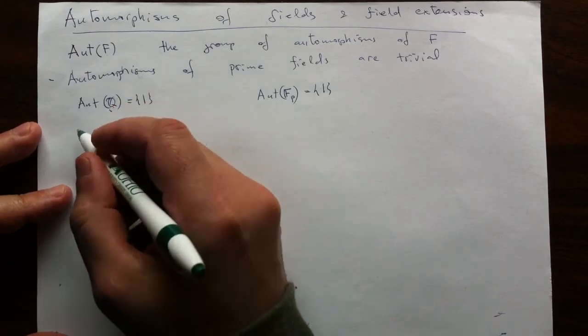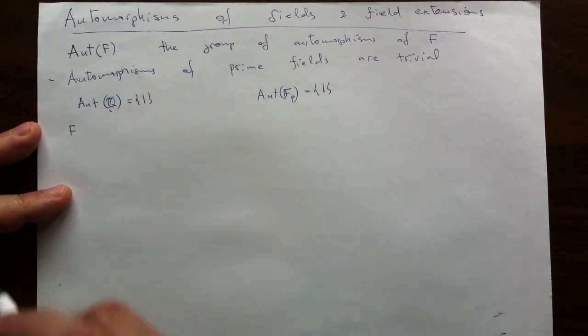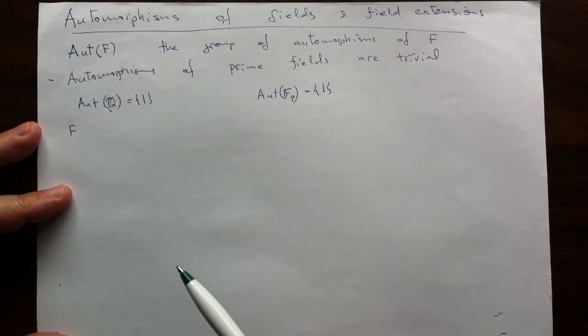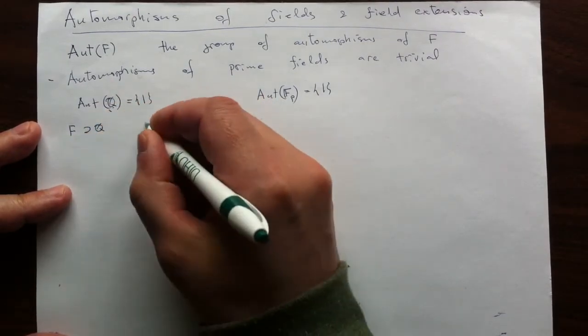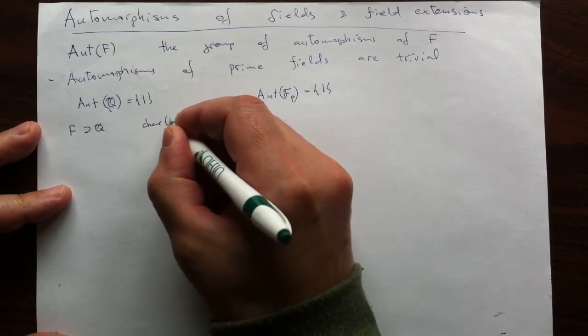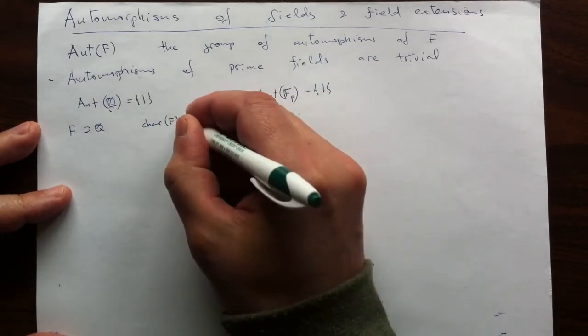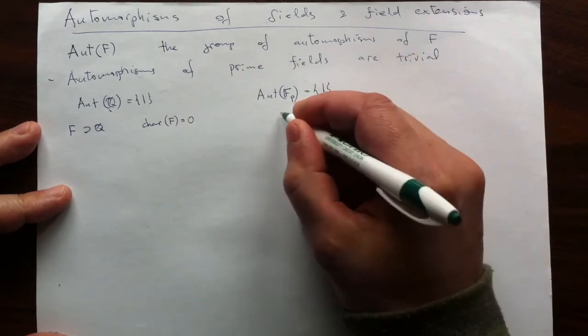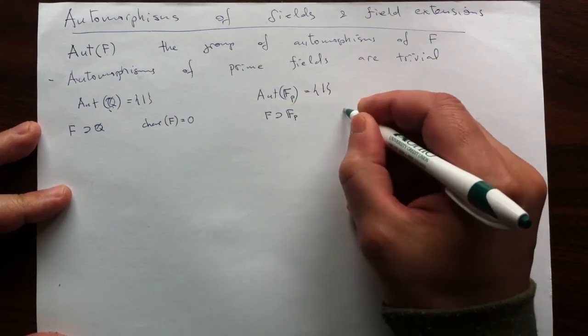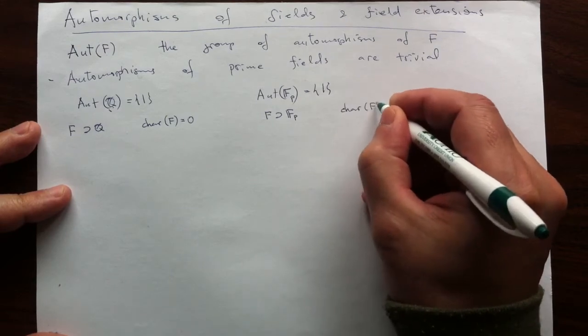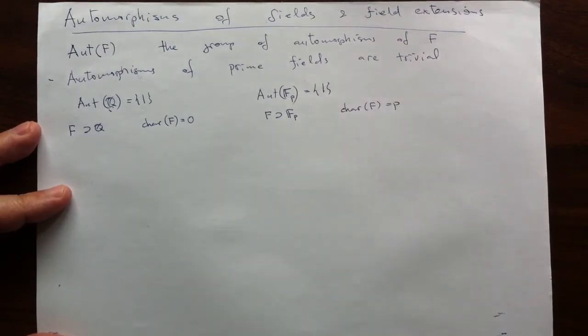Moreover, if we look at an arbitrary field, then it has to contain one of those prime fields, and that is what is called a characteristic. If it contains the field of rational numbers, it is said to have characteristic 0. Or it contains the field of p elements, and then the characteristic of such F is called p.